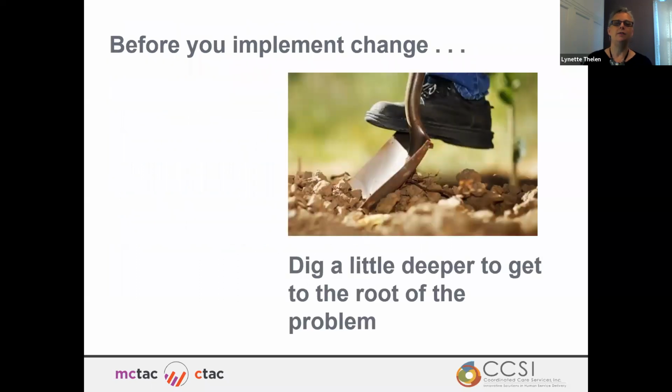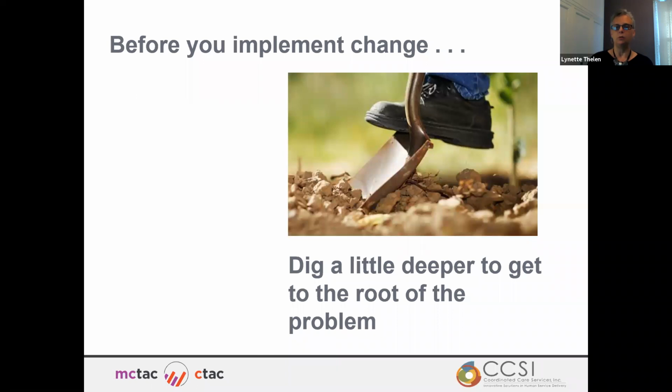So before we dive into let's make a change, we want to dig a little bit deeper and get to the root of the problem. And we have a tool and an exercise to do that. And one of the reasons that you want to get down to the root cause is that sometimes we can go into a quality improvement cycle and think that we know the answer. And you might be right, but you might not be right.